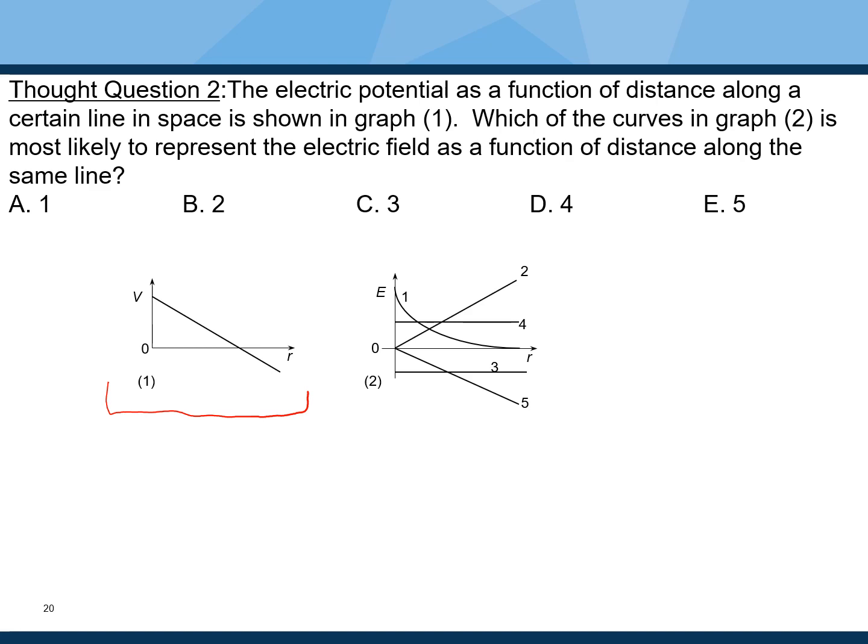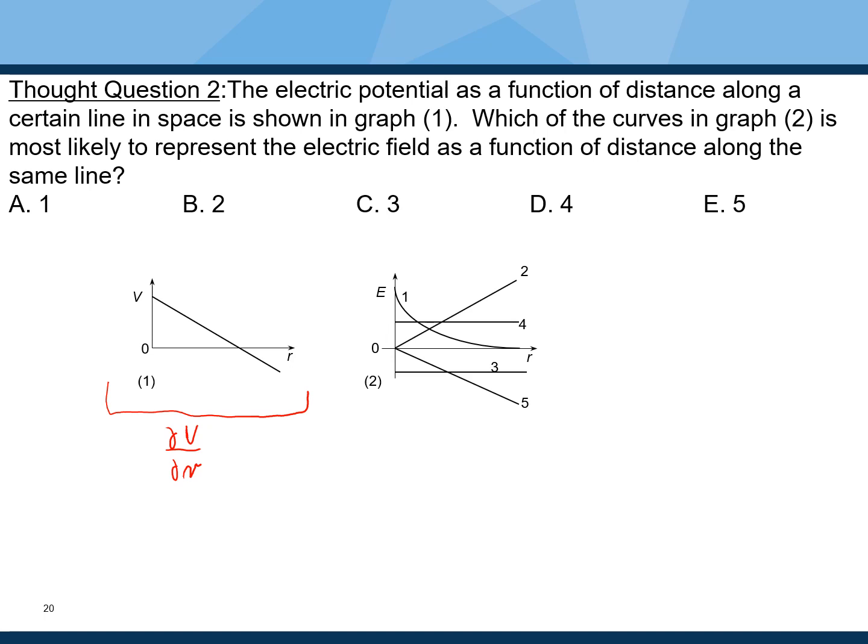We notice two things. We notice that it's a straight line, which means that dV by dr is a constant. Furthermore, we realize that it's a straight line that is sloping downwards. In other words, it's a straight line with a negative slope, and therefore dV by dr is in fact negative.